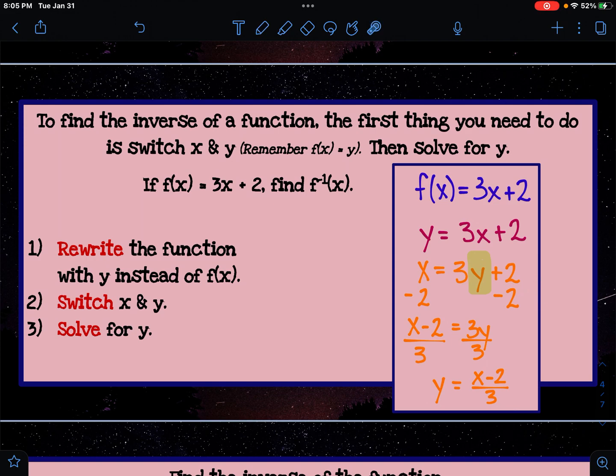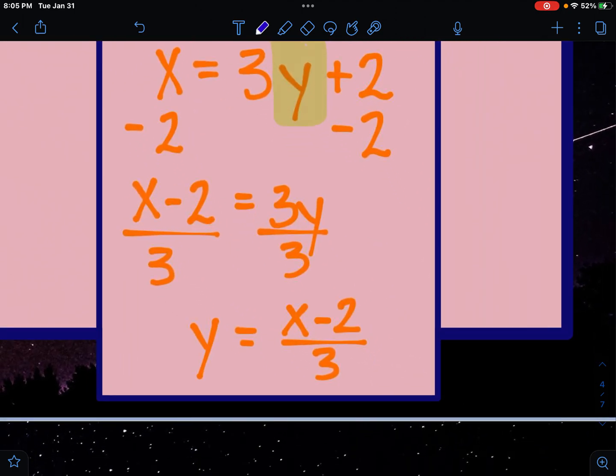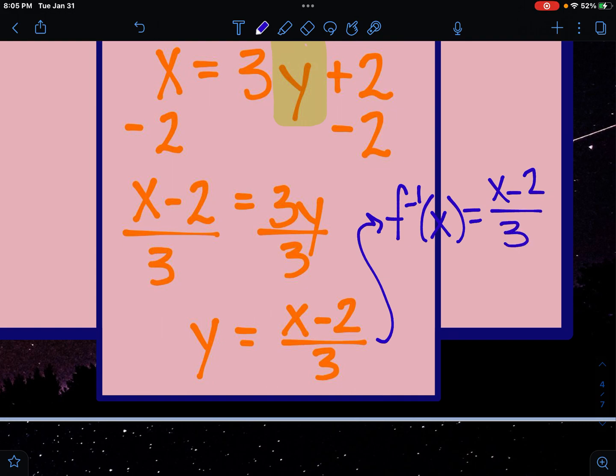So we're going to subtract 2 from both sides. Then I'm going to divide by 3. And I get y equals x minus 2 over 3. And I did not do a good job because I did not write it in the right form. It needs to be like this. f inverse of x equals x minus 2 over 3. So that should have been my answer. But I'm not going to go back and change it now.